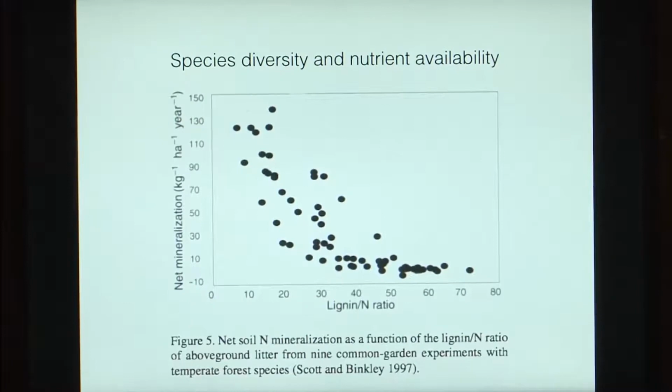So, this is one curve from a paper which shows us the net soil nitrogen mineralization as a function of the lignin by nitrogen ratio of above ground litter from 9 common garden experiments with temperate forest species. So, basically not only does removal of canopy bring about these differences, but also if you change the species that were forming the canopies.